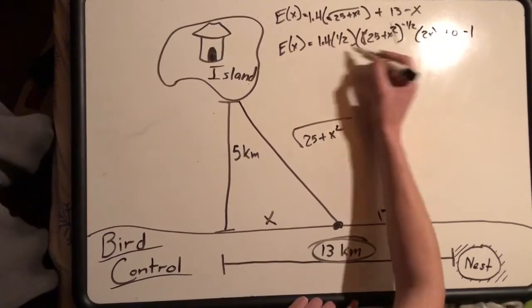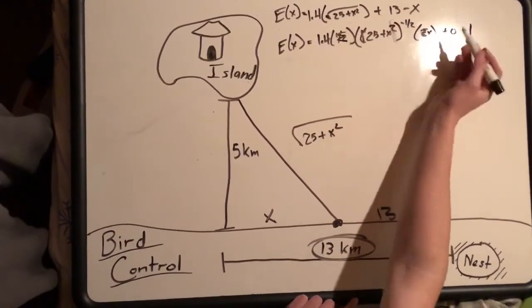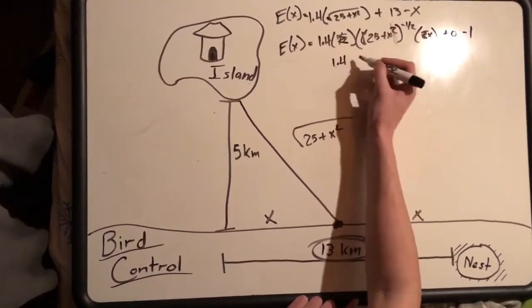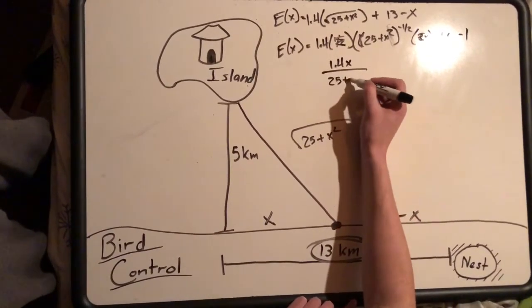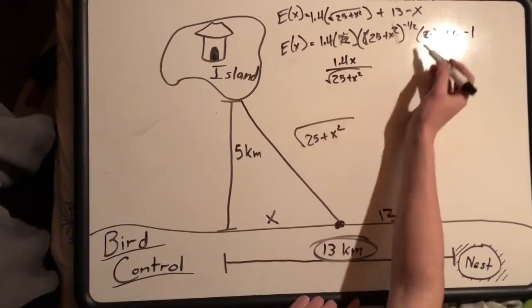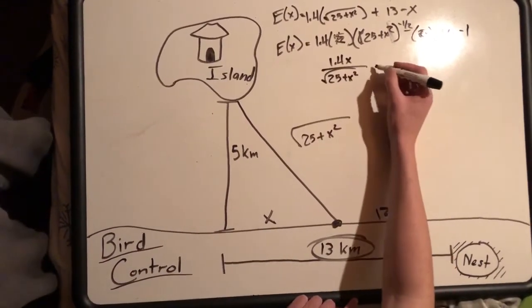Now the 2 and the half cancel out, so you just get that x. You got 1.4x over the square root of 25 plus x squared, minus 1.